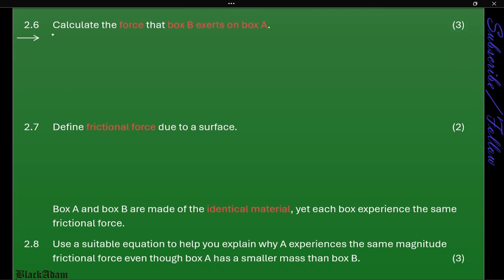So what we have there is the net force, which is the force applied. The force of A on B is going to be the net force, so all the forces combined, and that's the force of B on A. Force A on B is equal to force B on A, but with opposite sign or opposite direction.